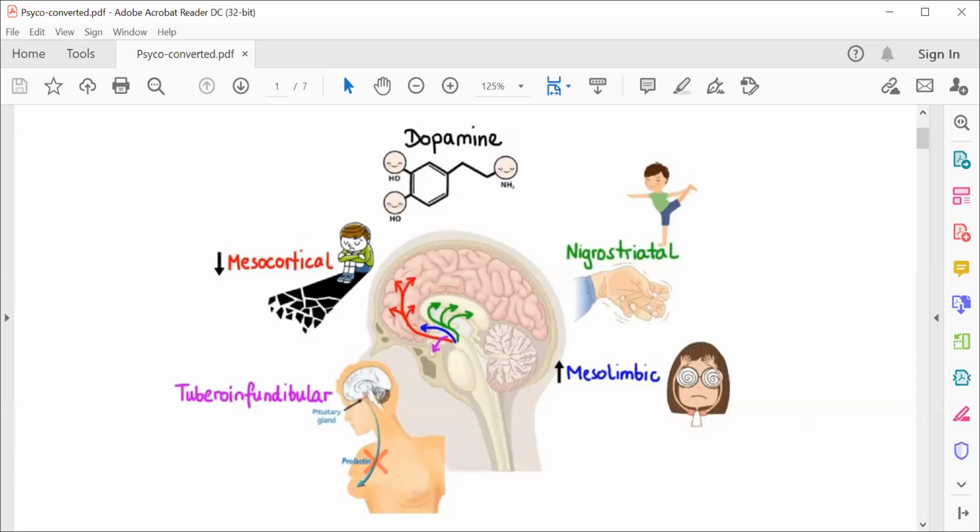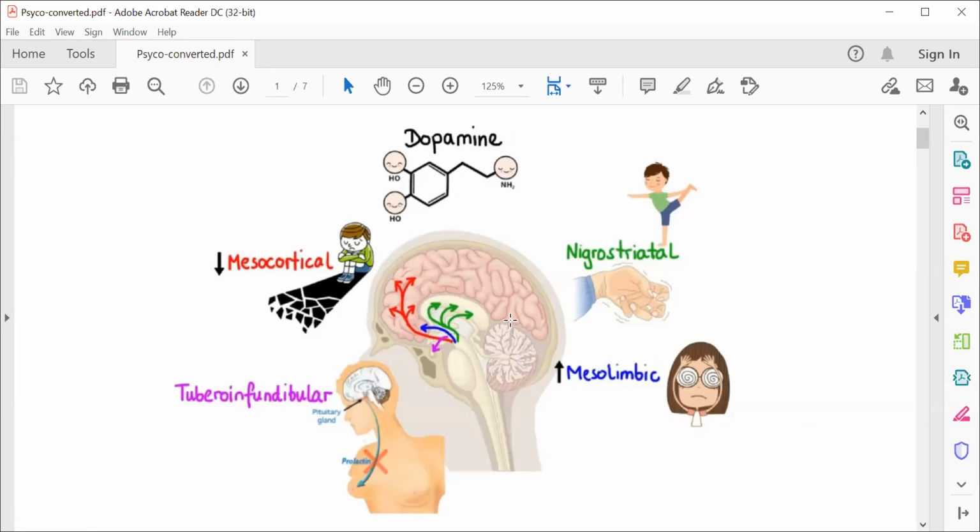He feels down, he feels depressed, with no desire to work, no desire to socialize with anyone. So the increase of dopamine in mesolimbic contributes to the appearance of positive symptoms, and deficiency of dopamine in the mesocortical pathway leads to the negative symptoms, which are almost like depression and low mood.